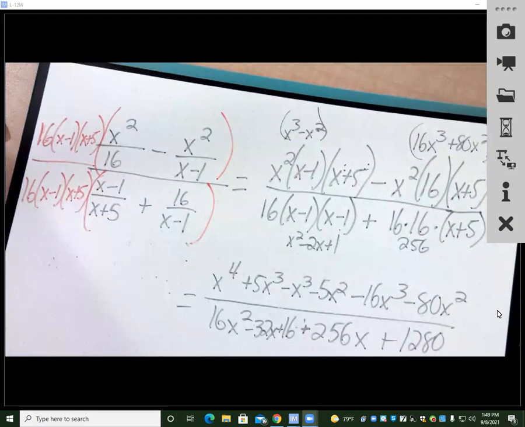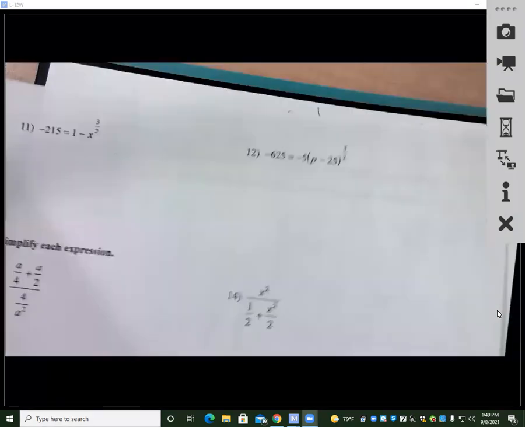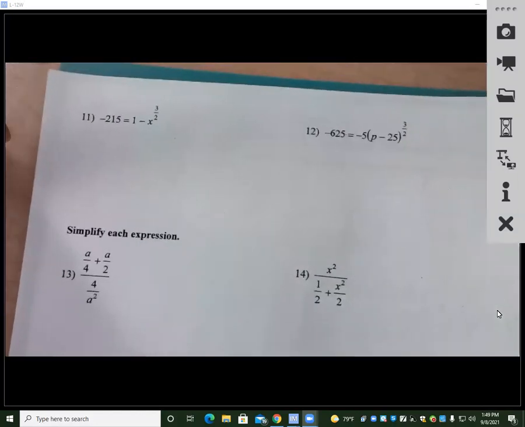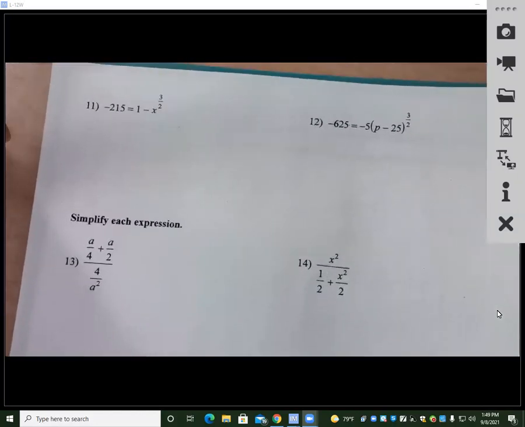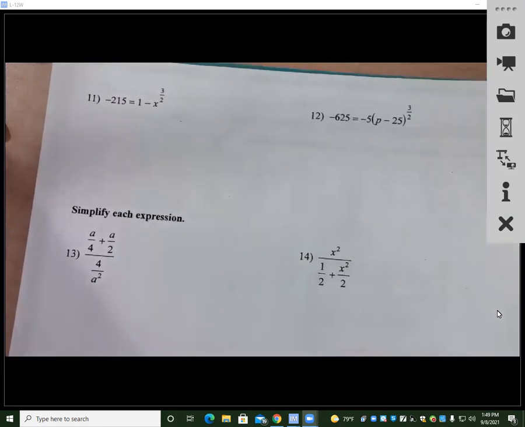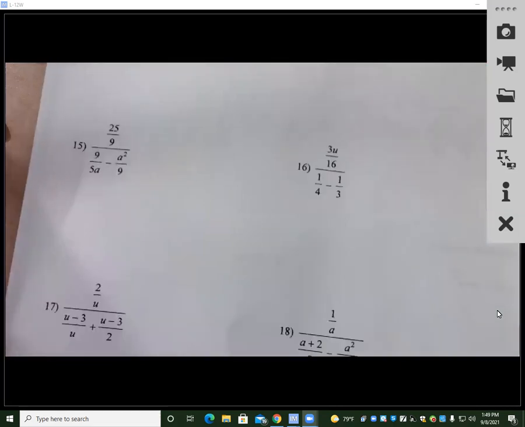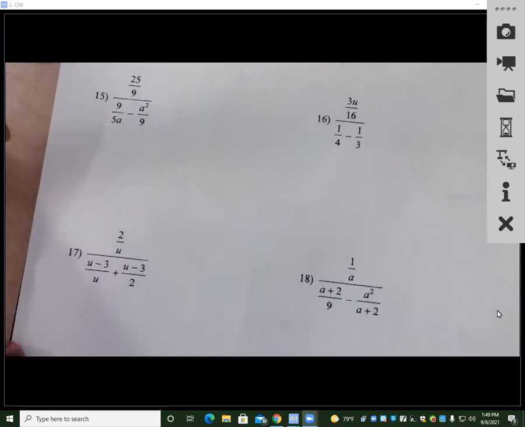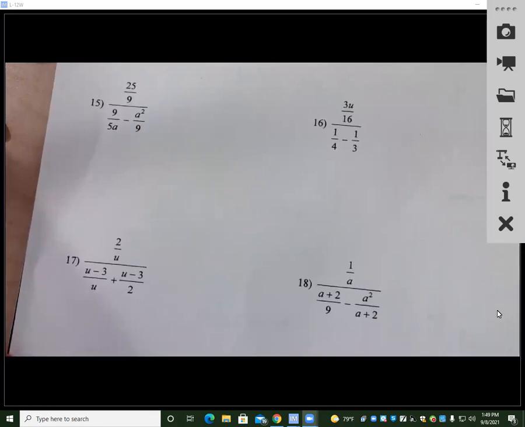Okay, 11 to 18, right here. These are the ones, I'll just put it on the video if anybody in internet land is watching. There's the first 4, and there's the bottom 4. Okay, cool.